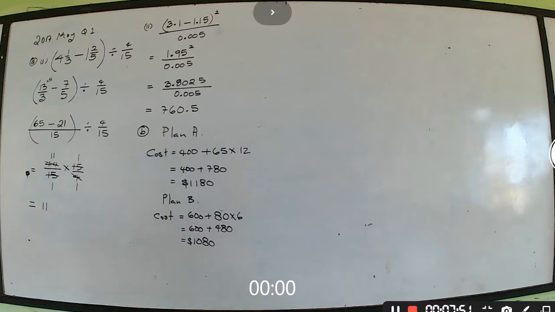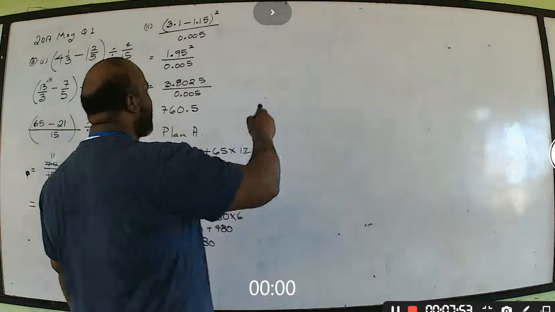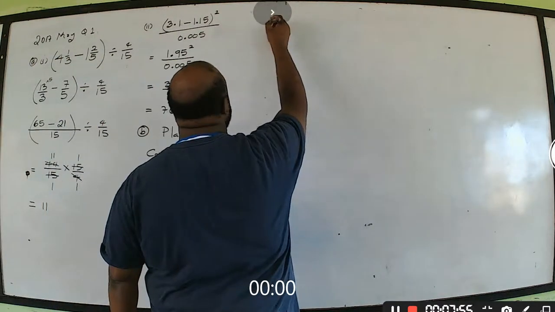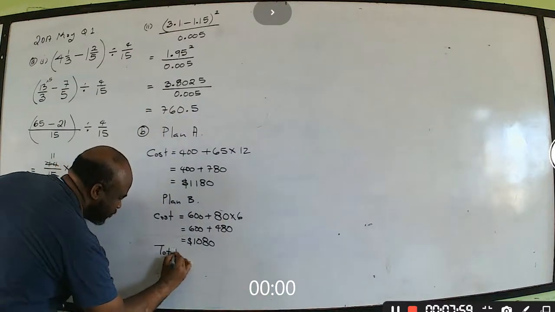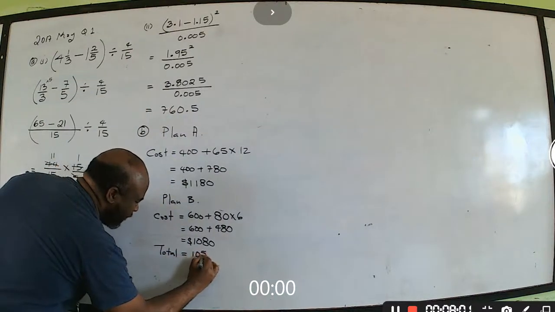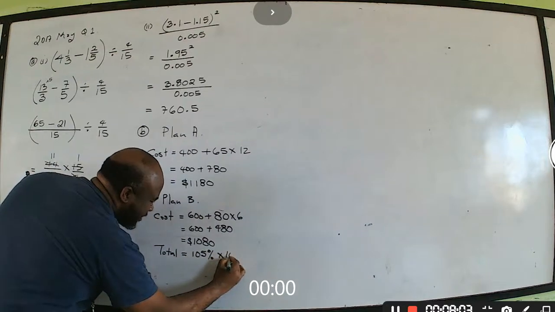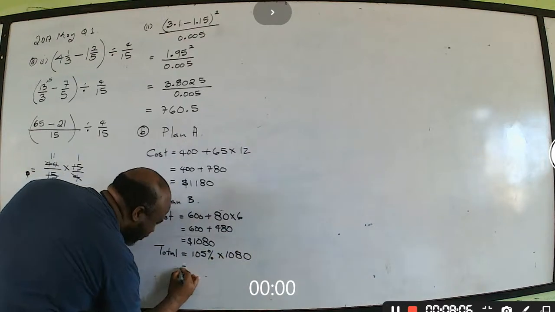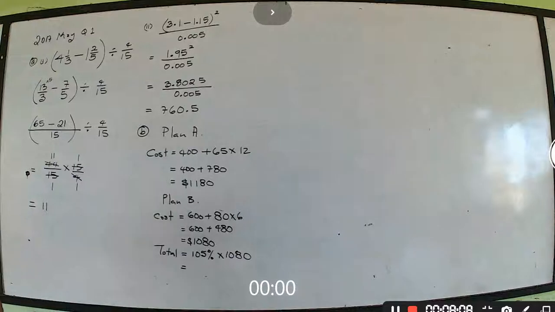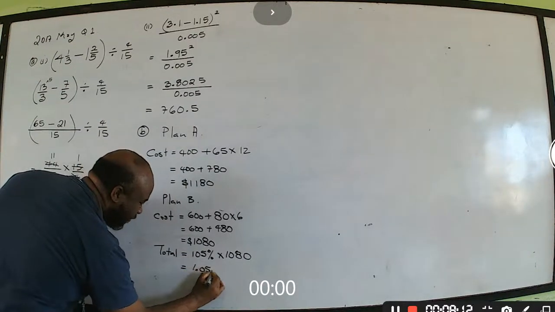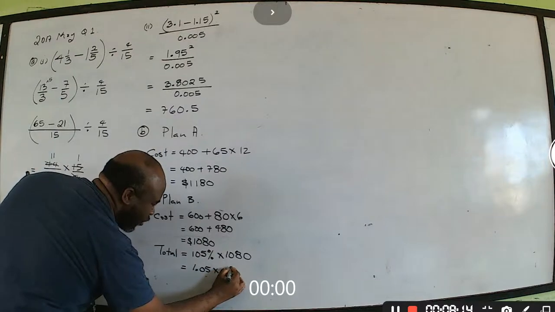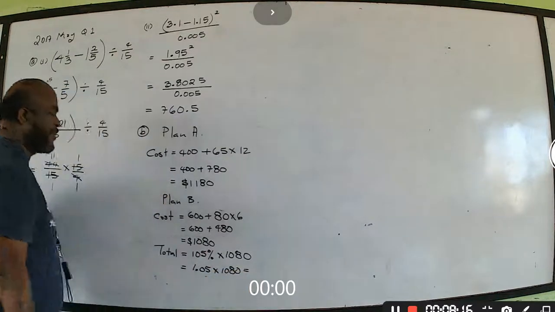So the total cost is equal to 105% of the 1080. Do you agree? Let me know. This is 1.05 times 1080. Use a calculator.